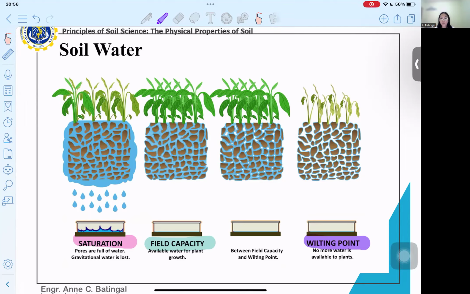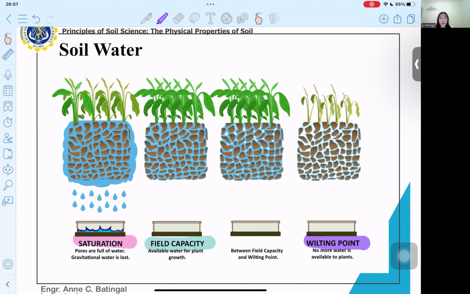At this point, the soil contains some water, but again, it is difficult for your plants to get that water. Once your plant reaches the permanent wilting point, it is irreversible. Even if you water the soil, your plants will no longer survive.